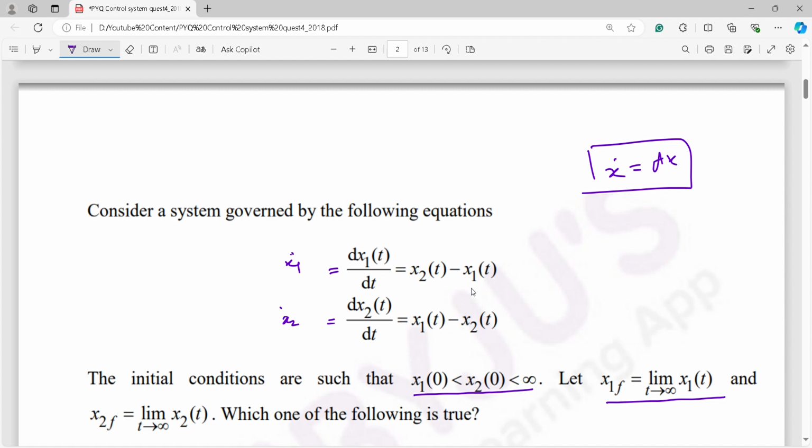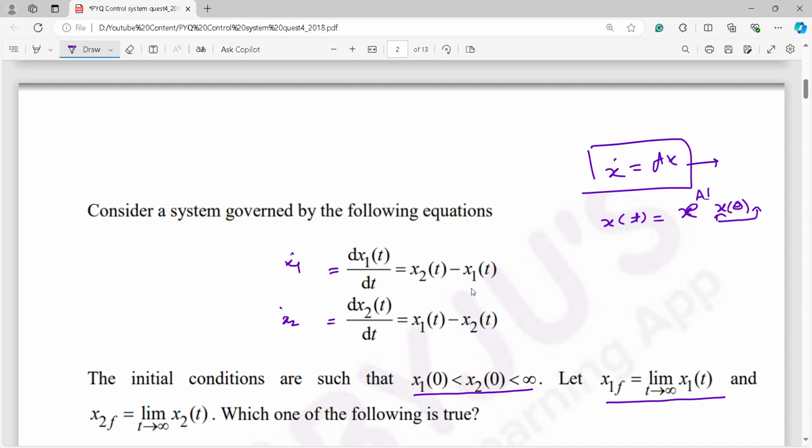For this, what is the solution? x(t) is equal to e to the power At into x0. This is our initial value. Basically they are asking for the zero input response.